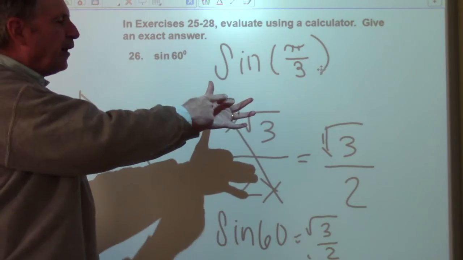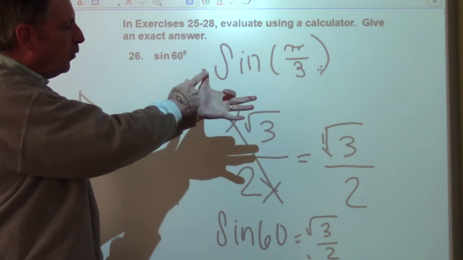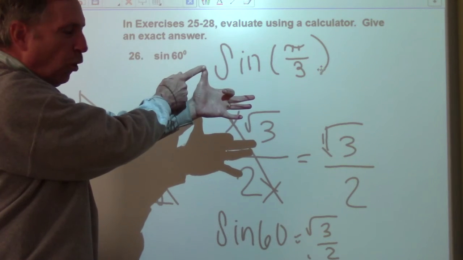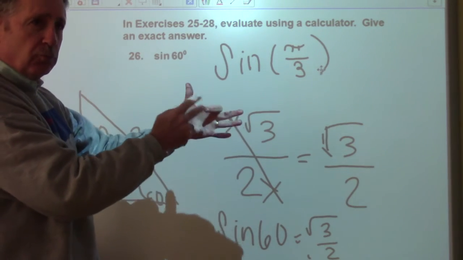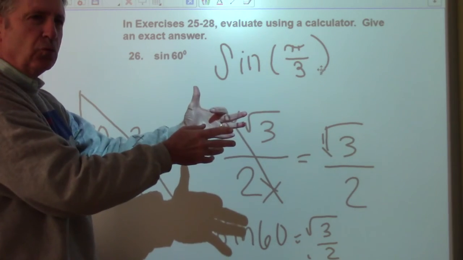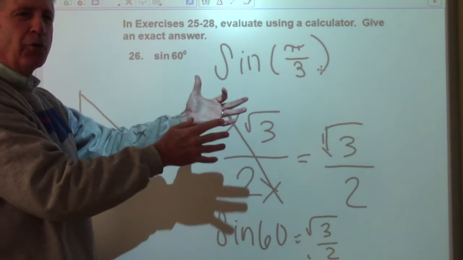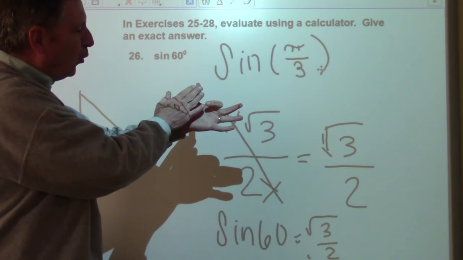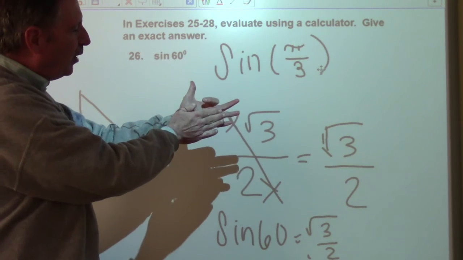And your cosine is going to be square root of fingers above over 2. So cosine is going to be square root of 1 over 2. All these are going to be over 2. And the tangent is going to be sine over cosine, which is square root of fingers below over square root of fingers above.